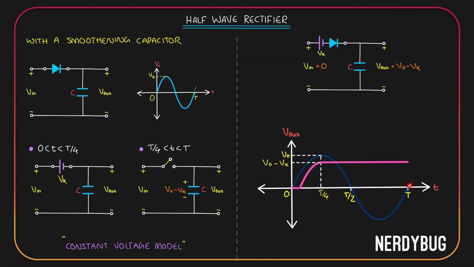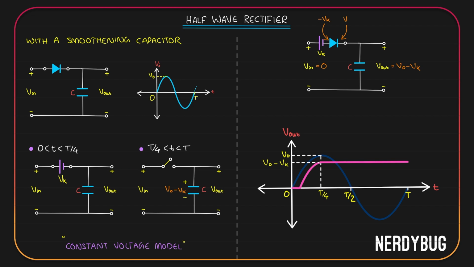Now we are over here. Input is 0. This is Vk. So the potential the diode gets on the P side is minus Vk. On the N side, it is directly connected to the capacitor. So whatever is the potential across the capacitor, that is what it is getting here.